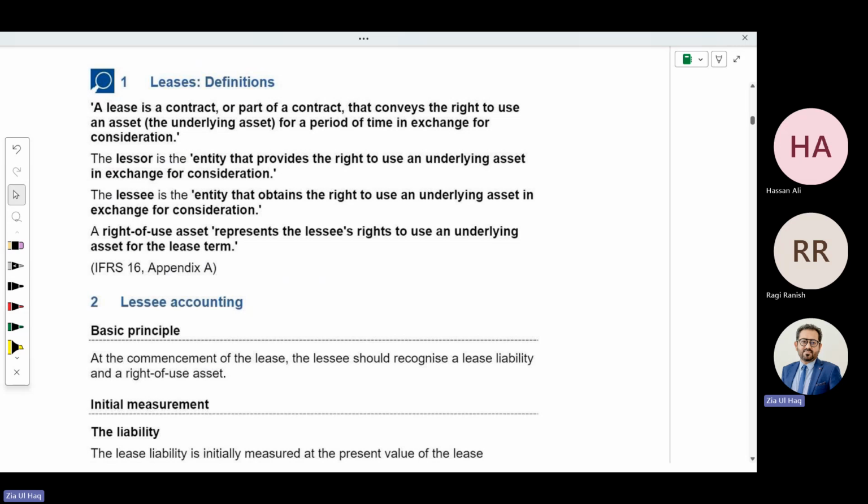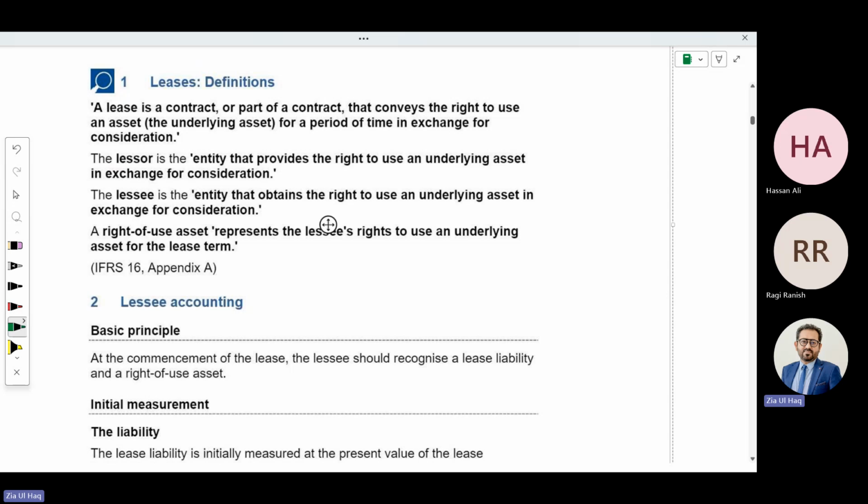A lease is a contract agreement or part of contract that conveys the right to use of an asset. The lessor have transferred right to use of an asset, that underlying asset for a period of time in exchange for consideration. Consideration means lessee will pay the amount and lessor have transferred the right to use asset.